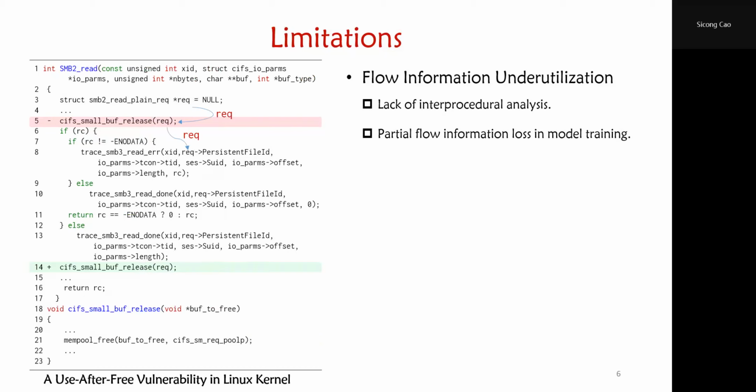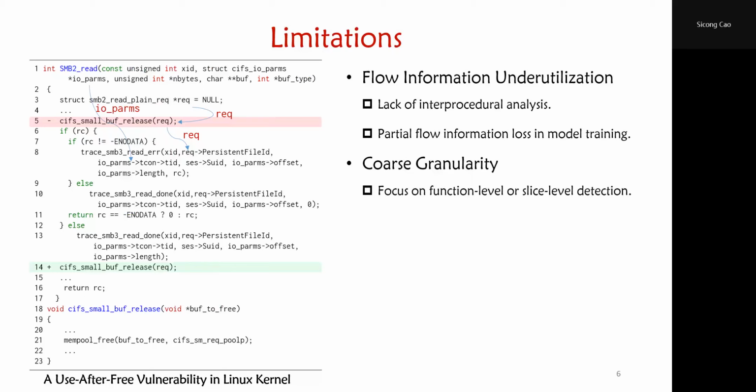However, although recent works use graph representations such as CFG, DFG, or PDG for vulnerability feature modeling, different flow information is treated equally. A major threat is that in this vulnerability, we can observe that there's another data flow of the pointer's parameters from line 1 to line 8. If we simply treat these different flow information equally, the model may not learn effective vulnerability patterns.